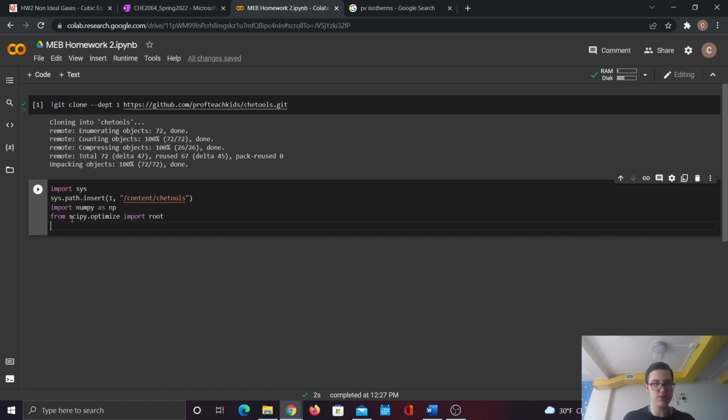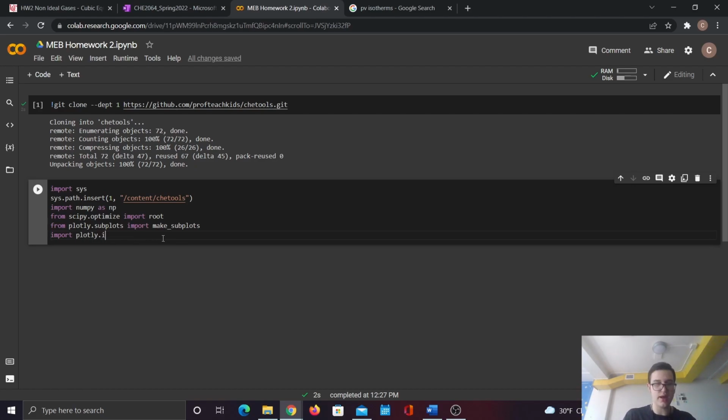I will also need plotly, so from plotly.subplots import make_subplots. I'll need to import plotly.io as po, so I can use that as both shorthand and to make the actual figures that we're going to be using.